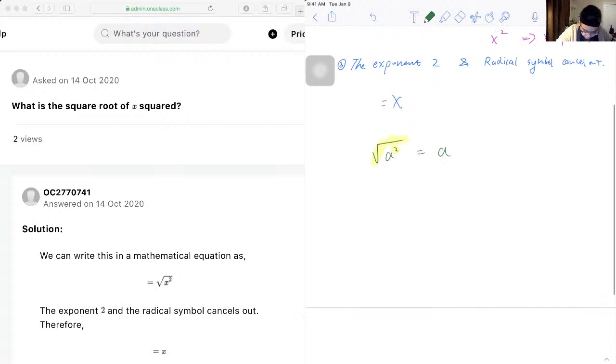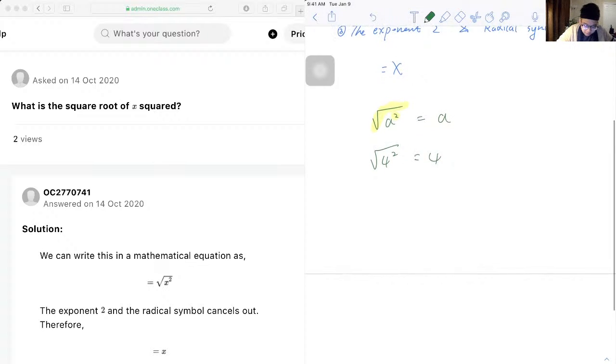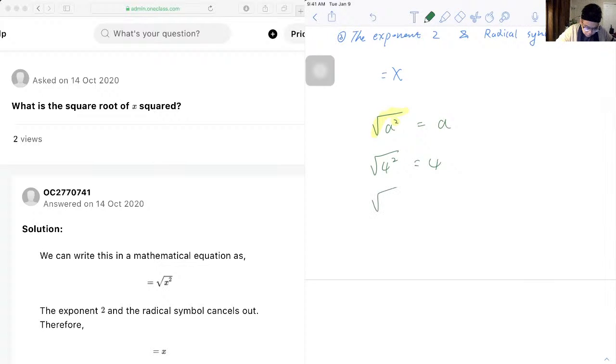So for example, if we have the square root of 4 squared, that's still going to be 4. And if we have the square root of 25 squared, that's still going to be 25.